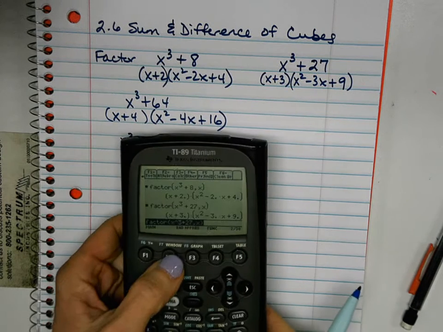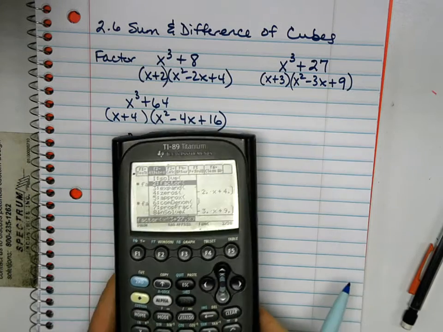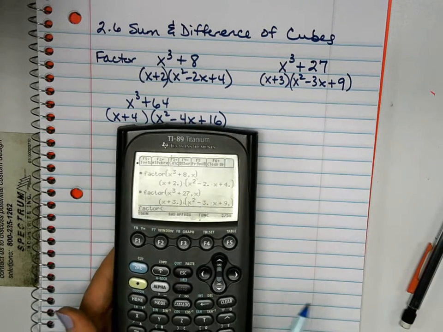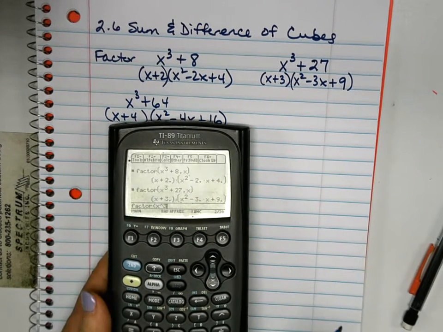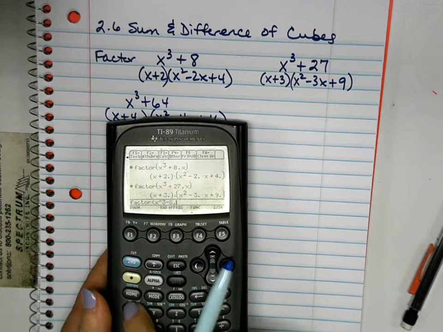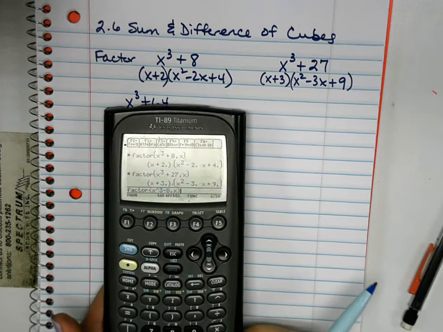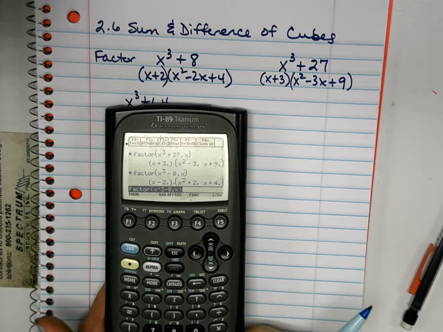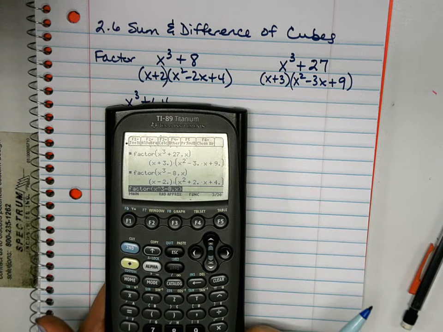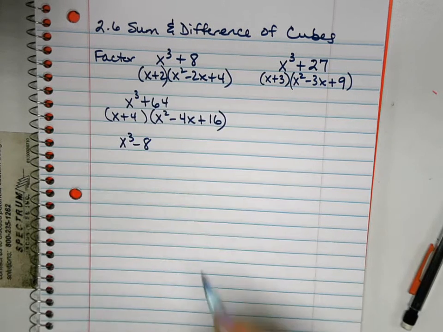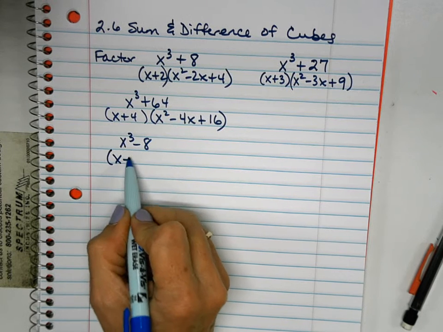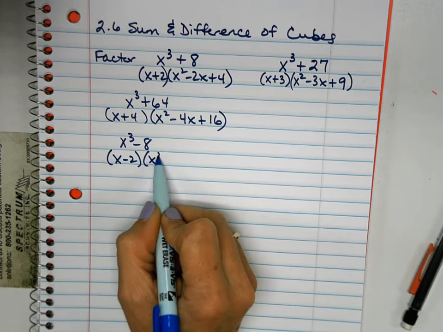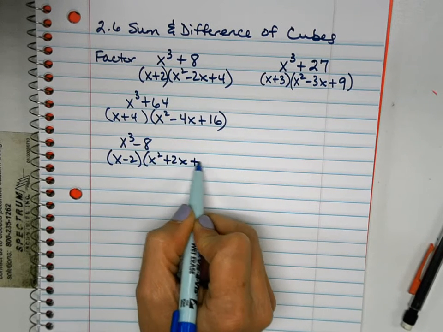Okay, let's have the calculator factor x cubed minus 8. It's x minus 2, x squared plus 2x plus 4. Okay, so let's write that down. X minus 2, x squared plus 2x plus 4.